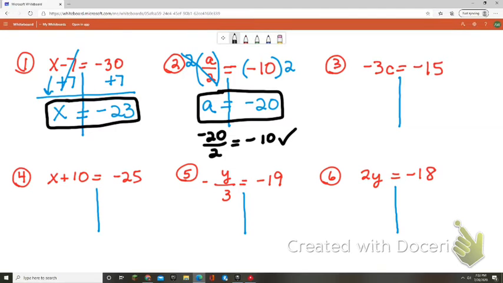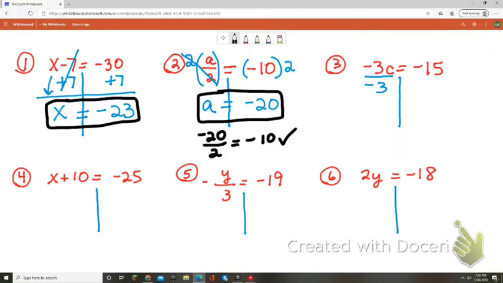On number 3, if you have a number and a letter side by side, that means they're being multiplied. So to undo multiplication, you're going to divide. Whenever you want to divide from here on out in math, you need to use a fraction bar. You need to divide by everything that's in front of the C, so that means you want to divide by a negative 3.